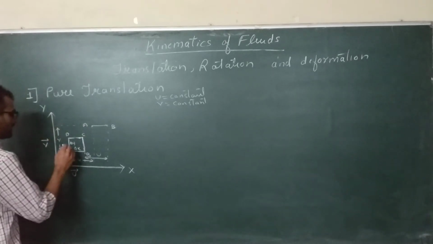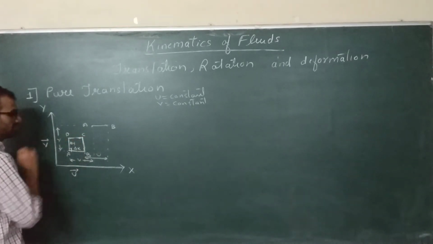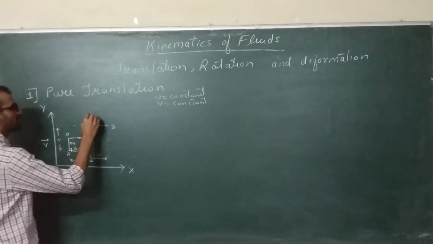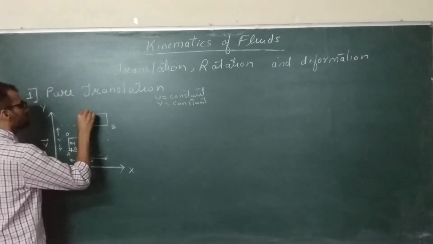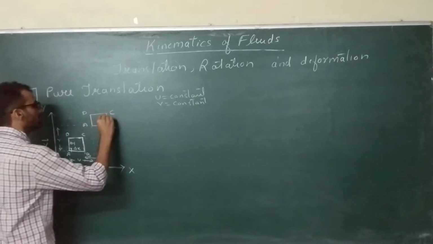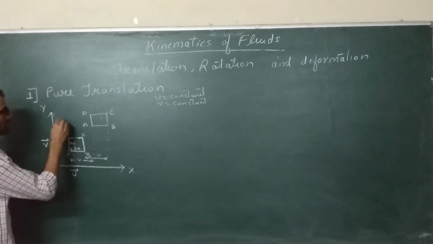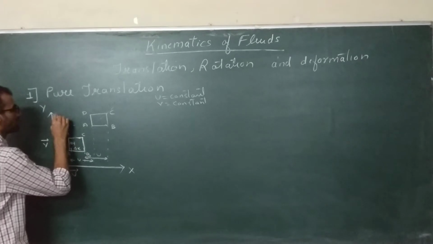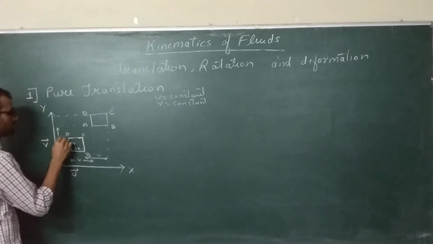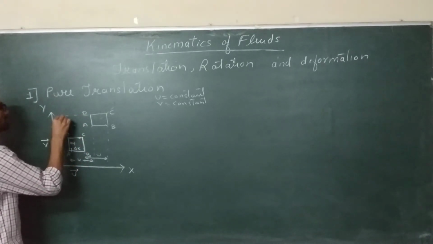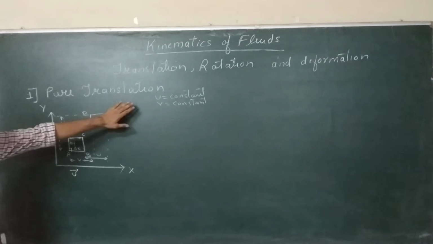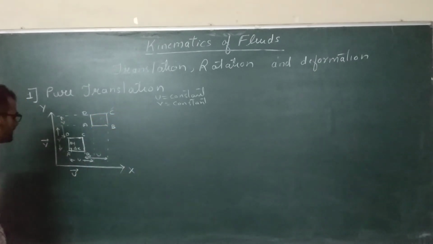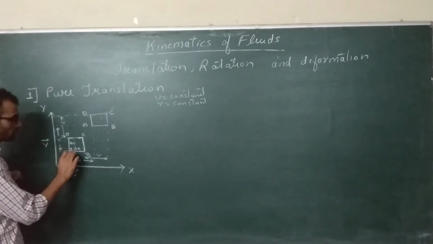Same is the case with D. How much will D travel? Let us say this is D, C and D. Again D will also travel equal to V. That's why when this element is moving in a uniform flow where u and v are constant, there will be no change in the included angle.